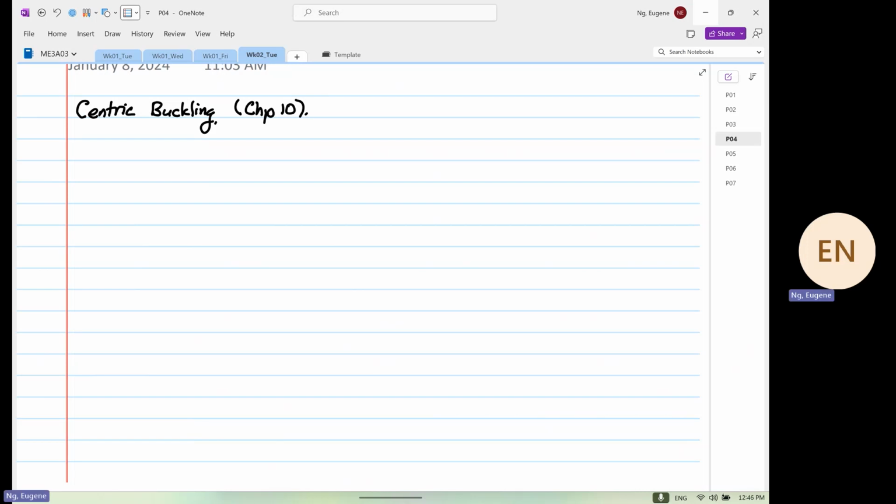The formula for buckling, critical load, is equal to pi squared EI over L squared. Can someone tell me what's so unique about this formula?